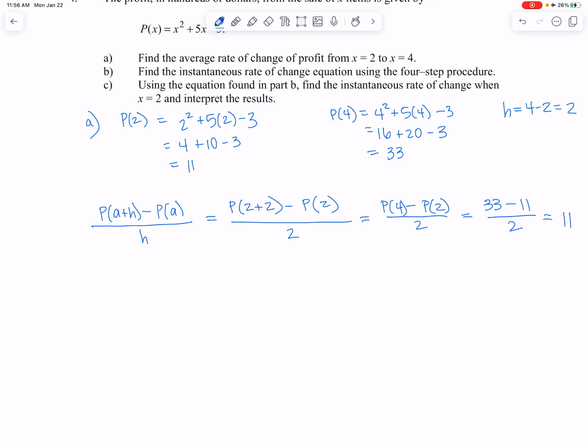Now part B, the instantaneous rate using our 4-step procedure. So the same thing we were doing before. Step 1, P(x + h). So everywhere we see an x, turn it into x + h. (x + h) squared plus 5(x + h) minus 3.